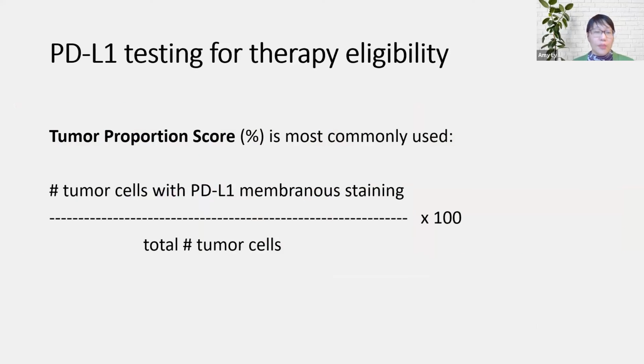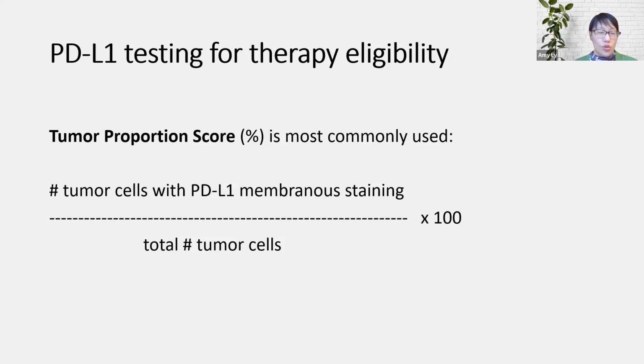So in addition to subtyping, though, PD-L1 is a biomarker that has also emerged in lung cancer, and that requires, as we know, intact tissue. And in contrast to PD-L1 evaluation in breast, PD-L1 evaluation in lung cancer uses TPS, not CPS.